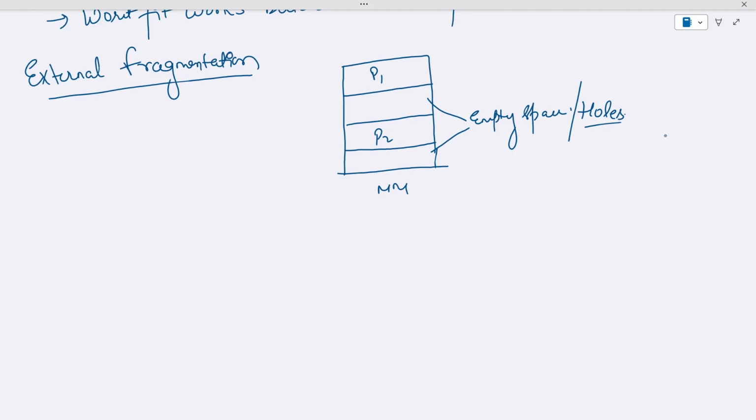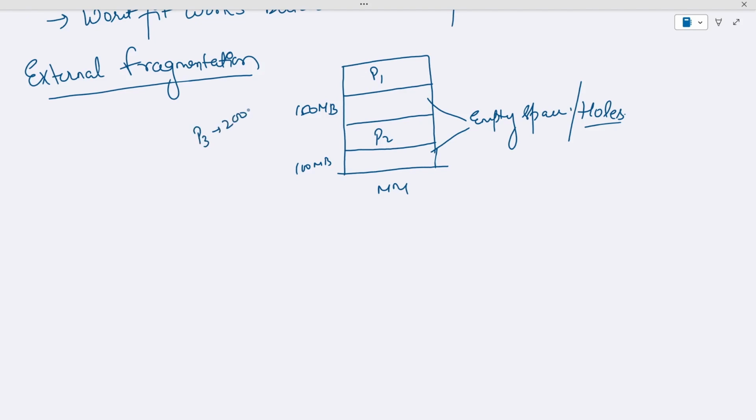Let's say this part is 150 MB and this part is 100 MB. We have three processes in our system, P1, P2, and let's say P3.